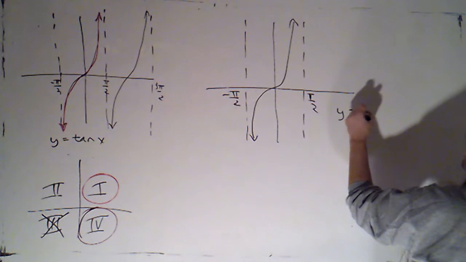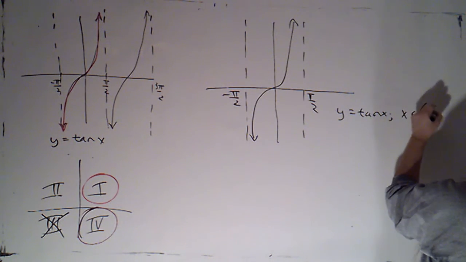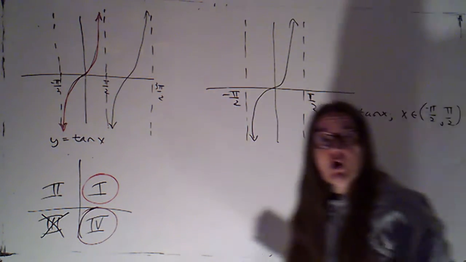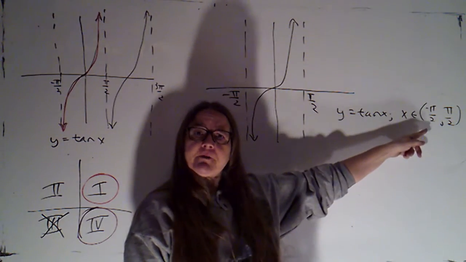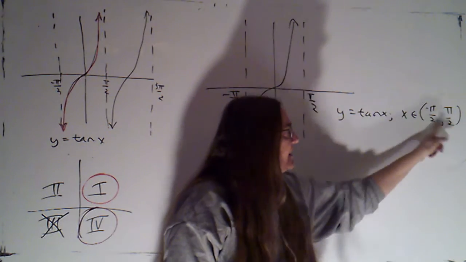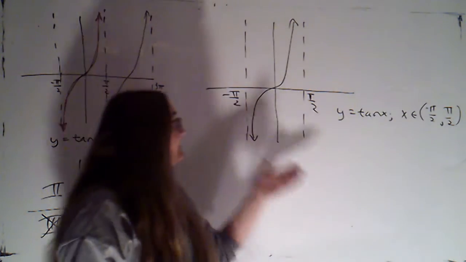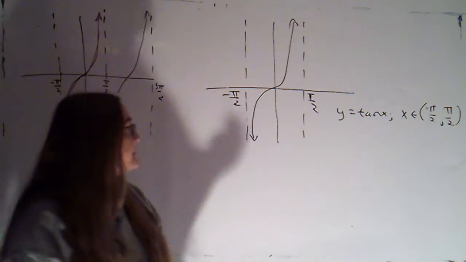So this is the graph of y equals tangent of x, where x is in the interval from negative pi over 2 to pi over 2. So our restricted domain, which will become the range, is almost the same as it was for arcsine. The difference is with arctangent, these endpoints aren't going to be included, and that's simply because tangent is not defined at negative pi over 2 and pi over 2.